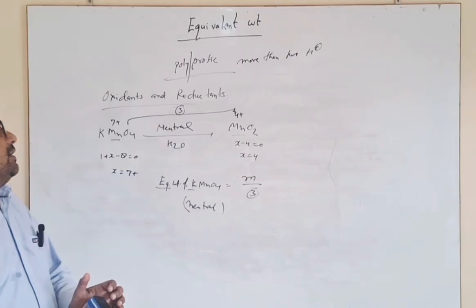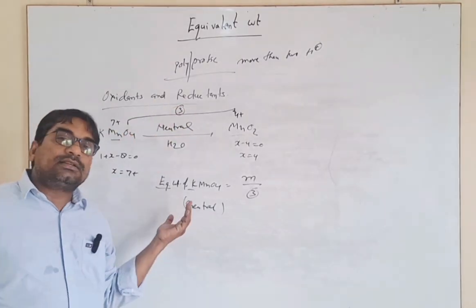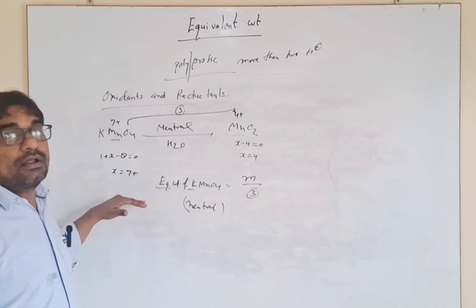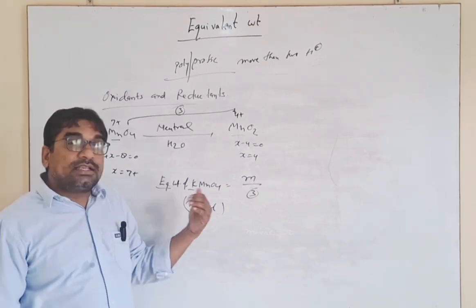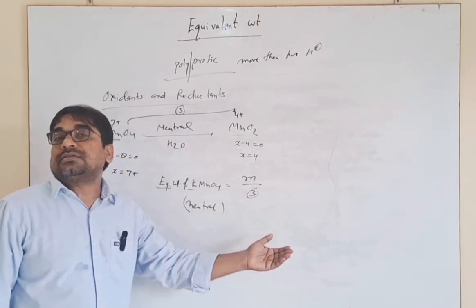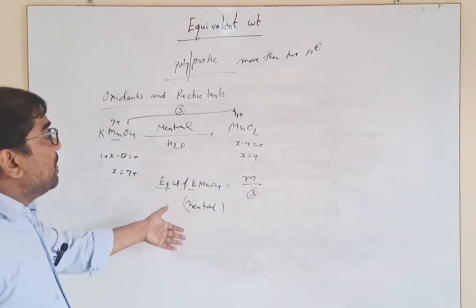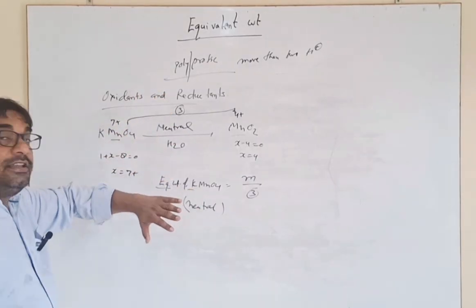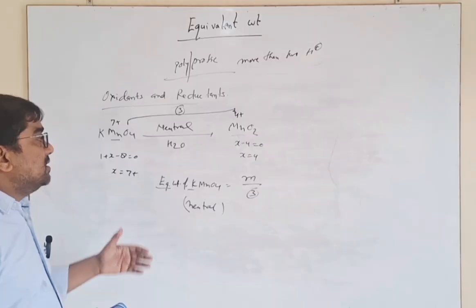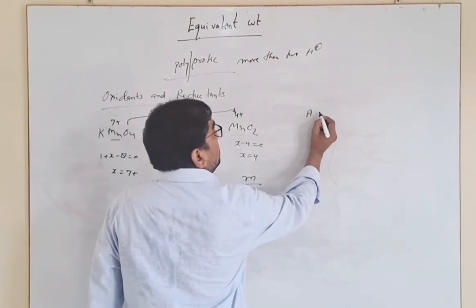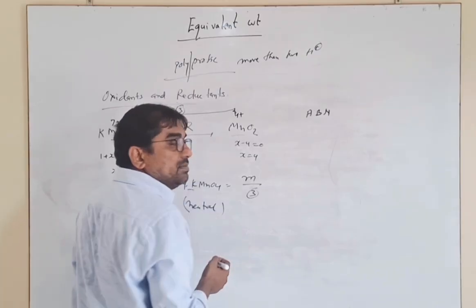So equivalent weight, as we have discussed already, is not a fixed property of a compound or an element. It varies from reaction to reaction or when the condition changes. The example is before you. KMnO4 has 3 different equivalent weights in different conditions: in acidic, basic and neutral medium.